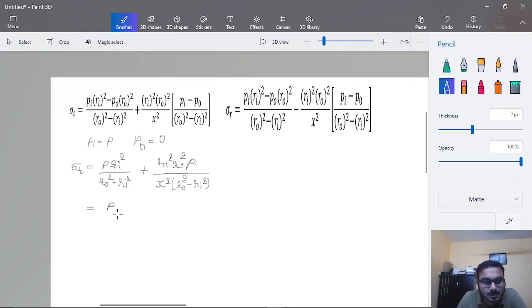So P Ri square divided by Ro square minus Ri square into the bracket 1 plus Ro square upon x square.